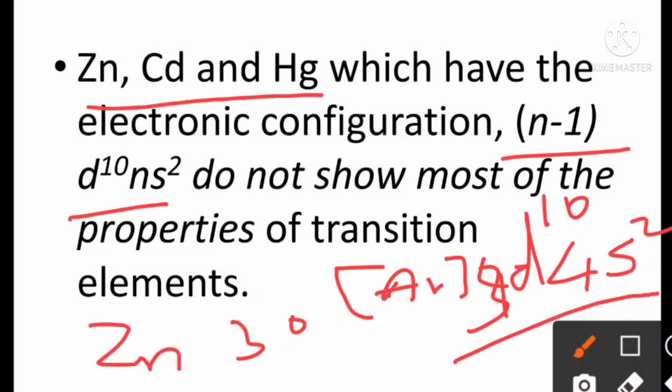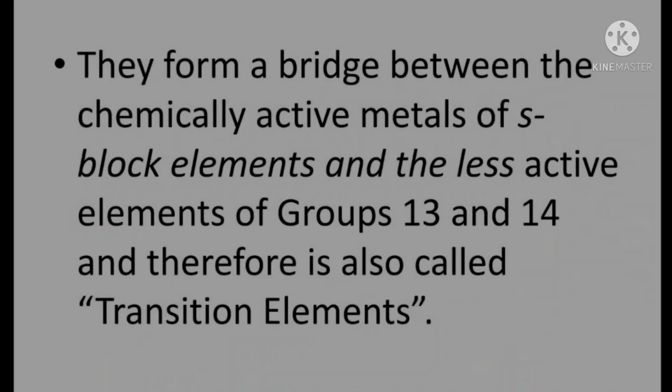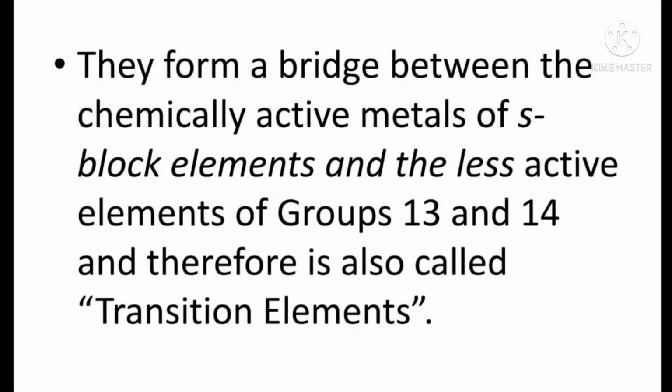Since they possess stable electronic configuration, they show some dissimilarity when compared with the other members of this series. These D block elements actually form a bridge between S block and P block elements. S block elements are highly electropositive, whereas P block elements are highly electronegative. D block elements are not so electropositive and not so electronegative, in between.